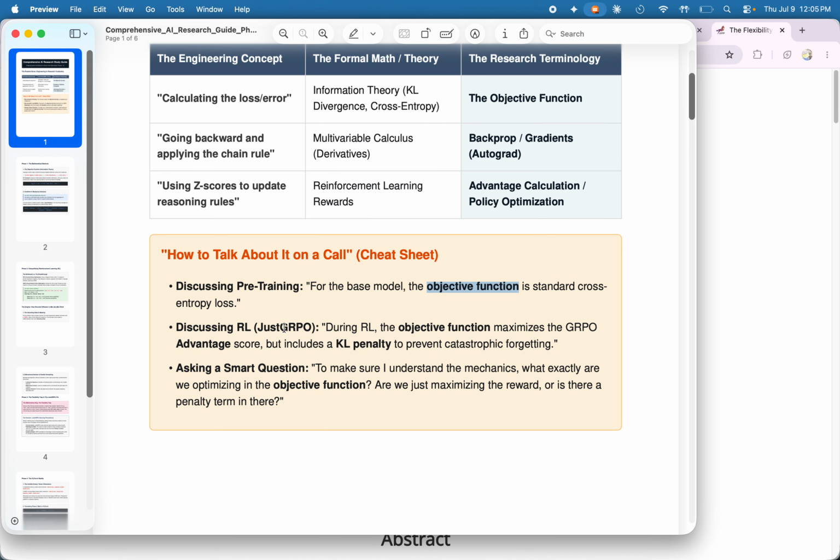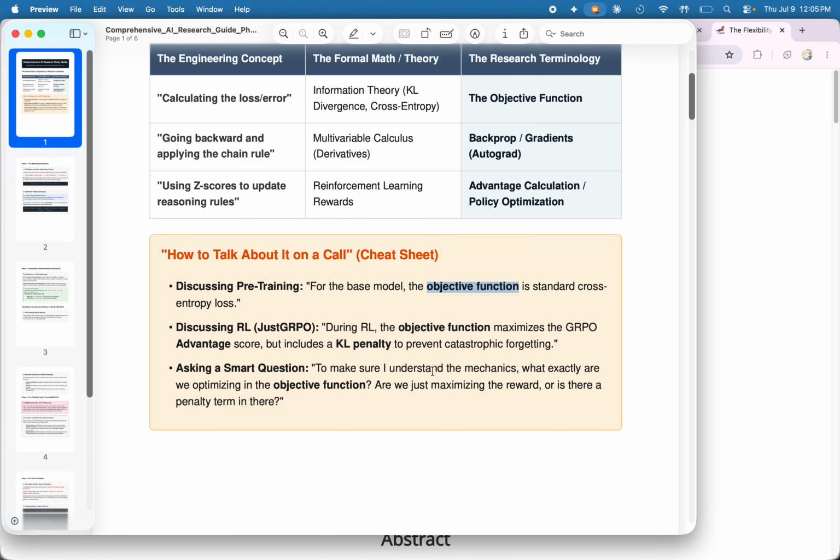So here you need to understand that when they say objective function for RL, across the group we calculate the score by using Z score. And then we also do a KL penalty, KL divergence, because we want to make sure the weights are not updated too much from the original model. So we do a KL penalty. That's what they're saying.